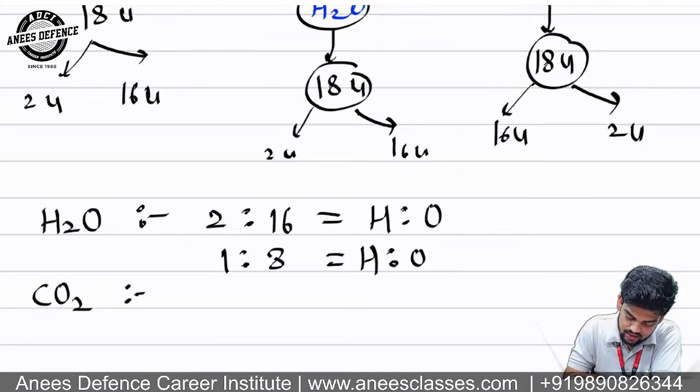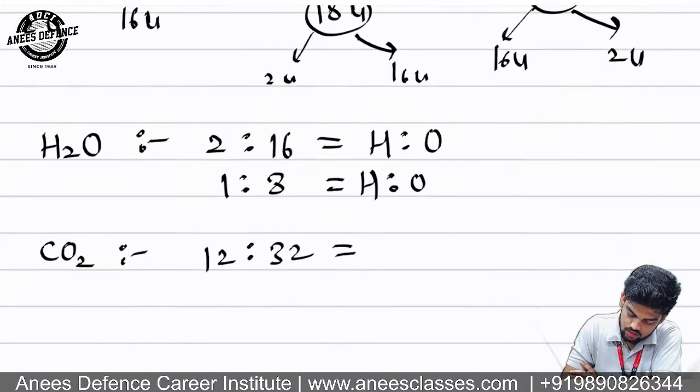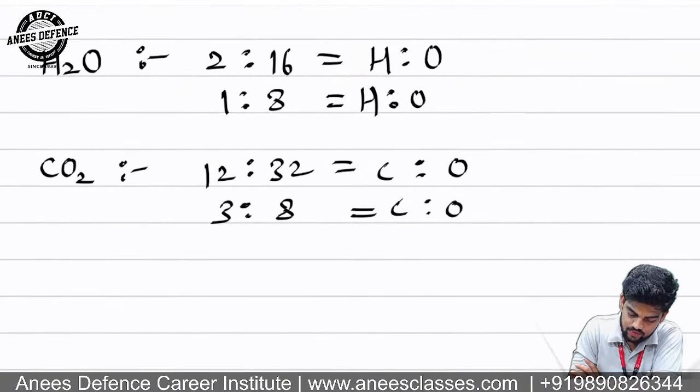Carbon dioxide always contains carbon and oxygen in the ratio 12 to 32. If we further simplify this, we get 3 to 8.